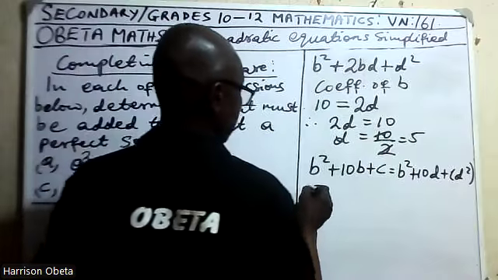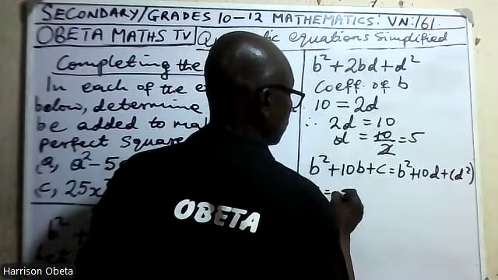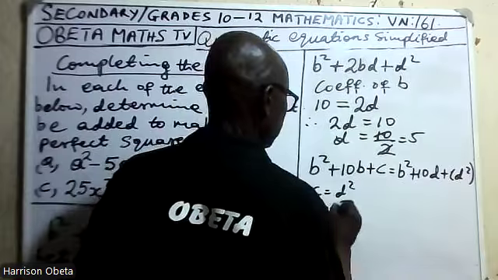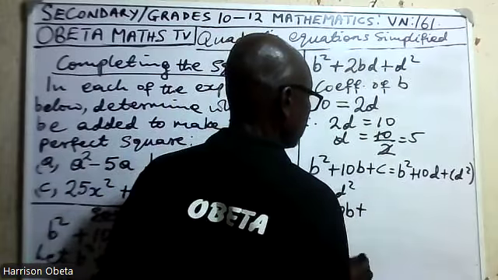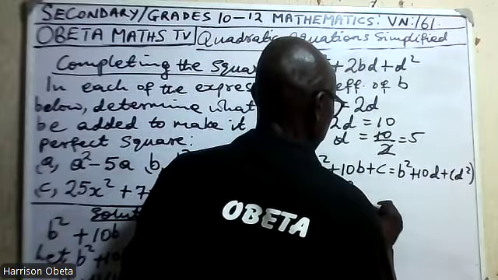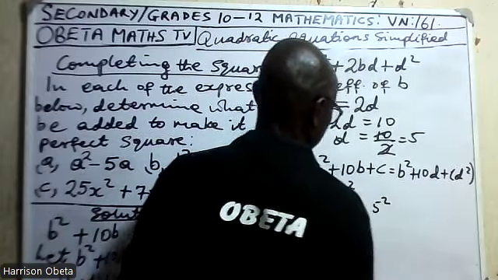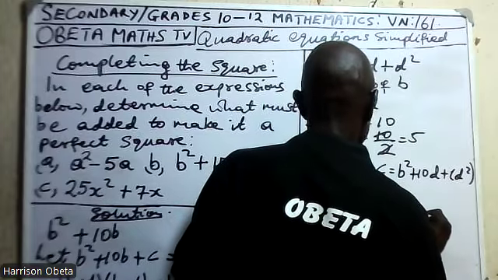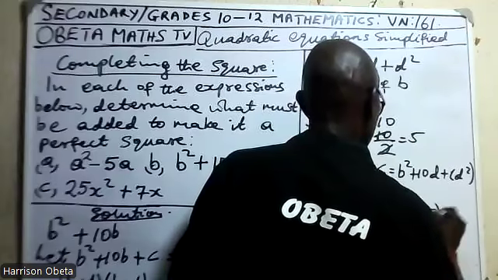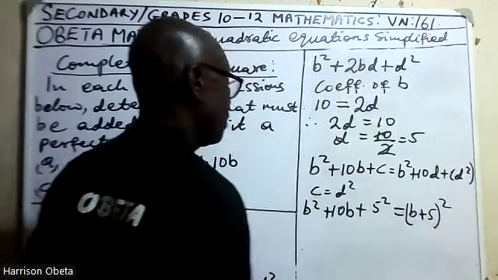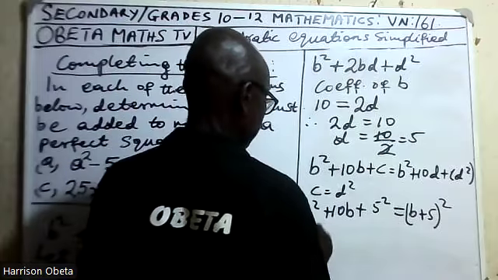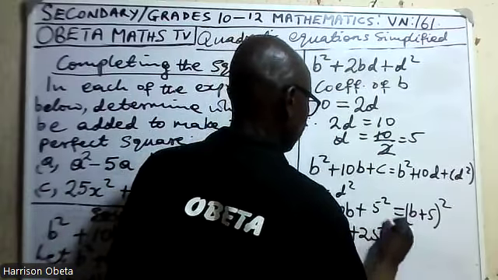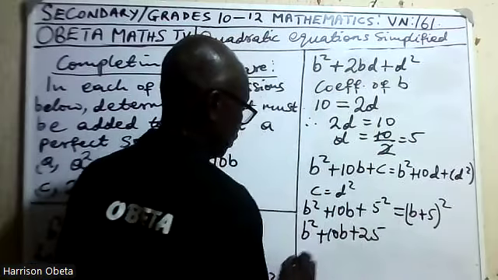And remember, C is equal to D squared. So we are now saying that B squared plus 10B plus D squared, which is equal to 5 squared, should be written as B plus 5 all squared. If you expand this, you are coming back here. And that is B squared plus 10B plus 25. So we have added 25.